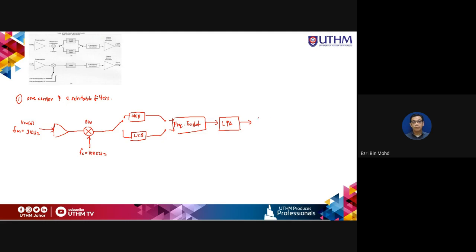The resultant output is single sideband suppressed carrier. So here we can expect the frequencies at 0.1, 0.2, 0.3, and by using a frequency analyzer, we can see that.